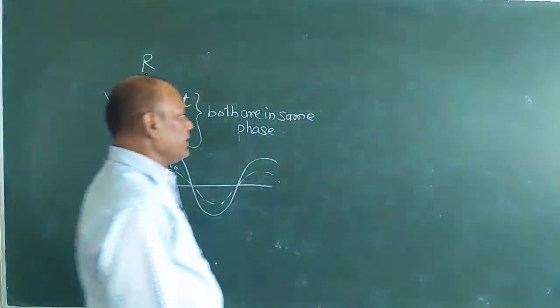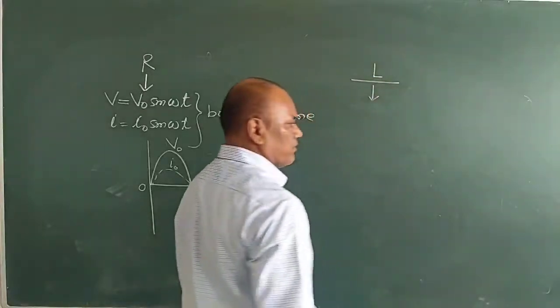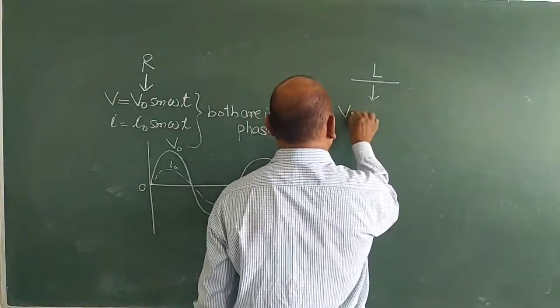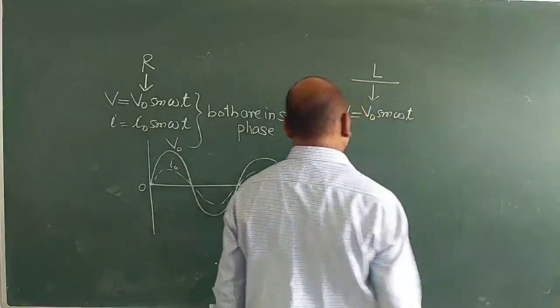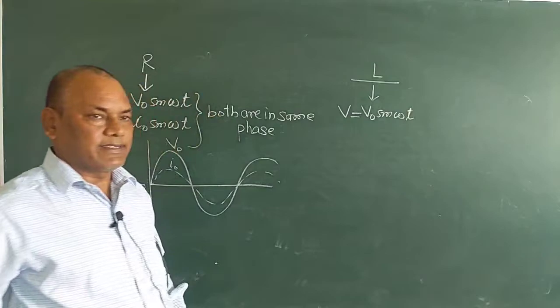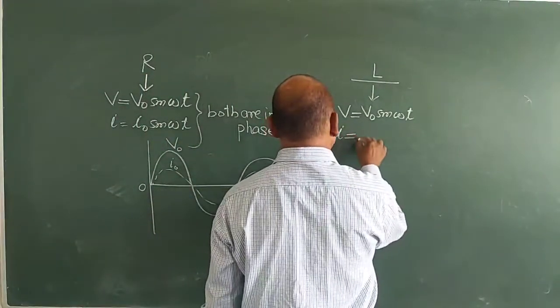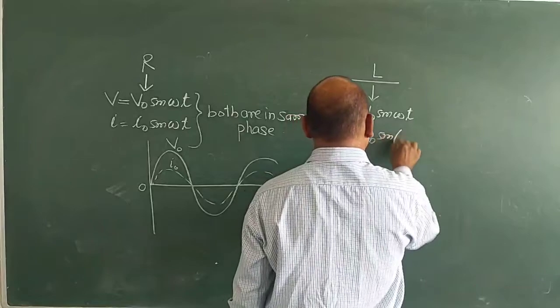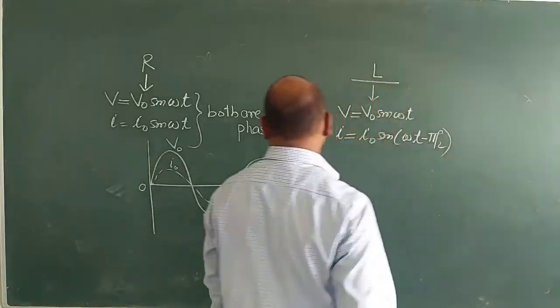Now in the case of inductance, here V is equal to V0 sin omega t. This is the applied voltage, but the equation of current is I equal to I0 sin (omega t minus pi by 2).